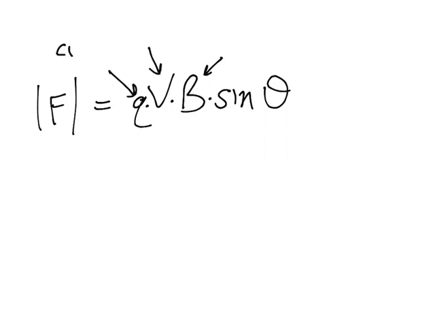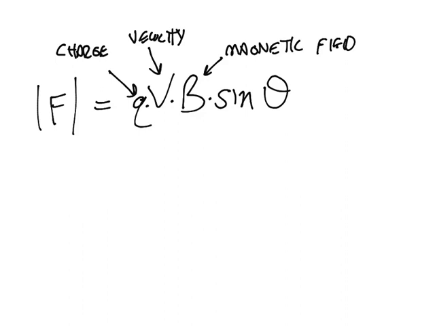Again, Q is charge measured in coulombs, V is velocity measured in meters per second, and B is the magnetic field measured in teslas. Believe it or not, those three come out to give you units of newtons, I promise. Tesla is defined such that its fundamental dimensions combine with velocity and charge to give you newtons.